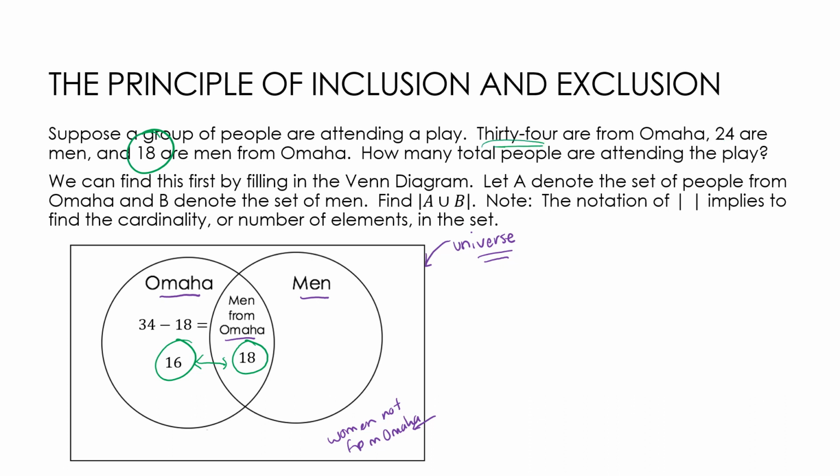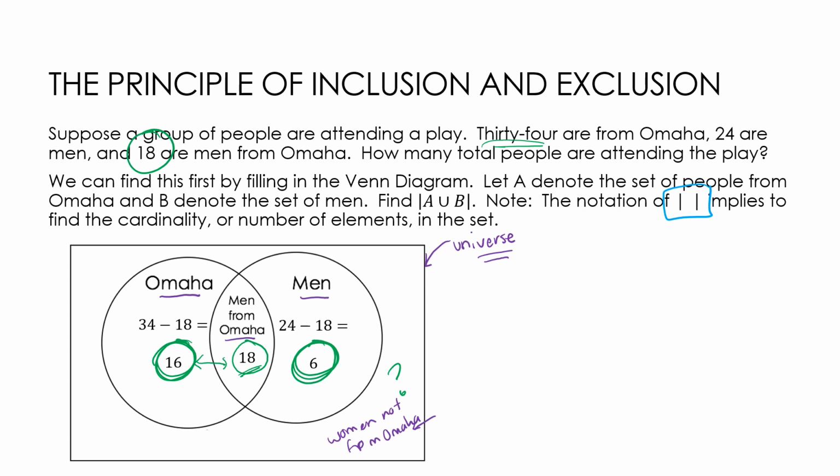And then the same thing with men. We know 24 total are men, but we already have 18, so we're going to take 24 minus 18 to get 6 that are just men. And of course this would mean men that aren't from Omaha. This would mean women from Omaha. And then of course we don't know this number out here, and we really don't care right now. I do want to point out the notation that you'll see quite often, and that is the two straight lines, looks like the absolute value.